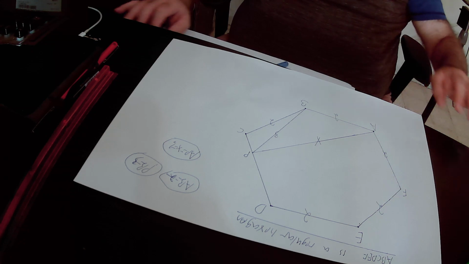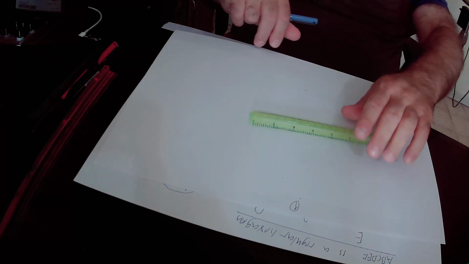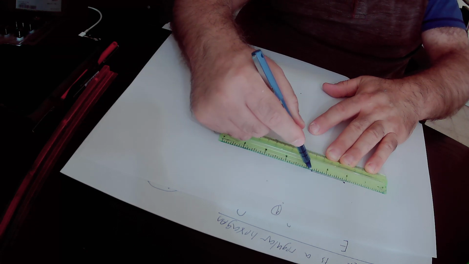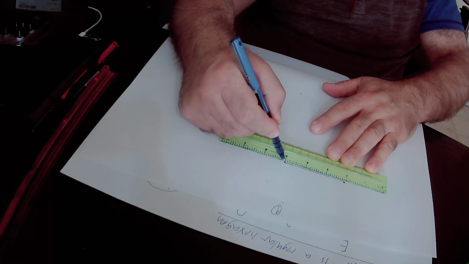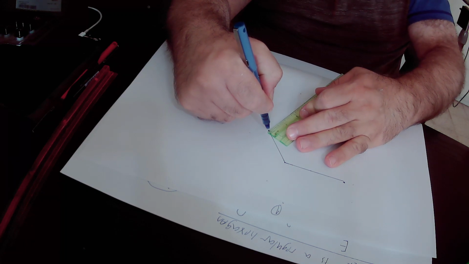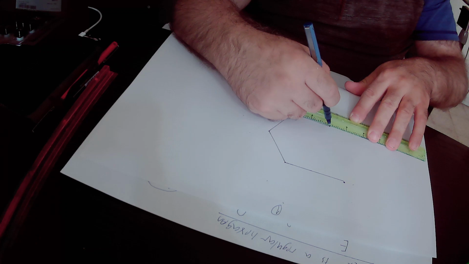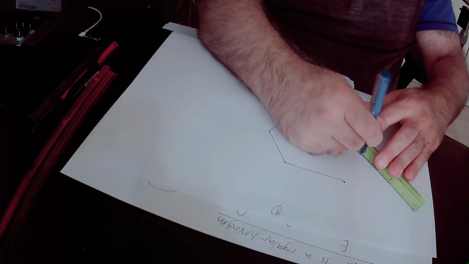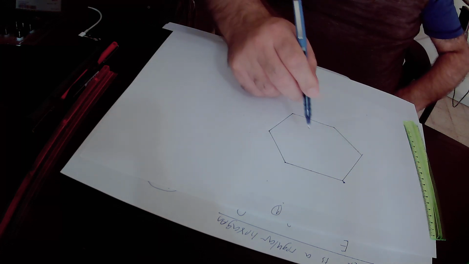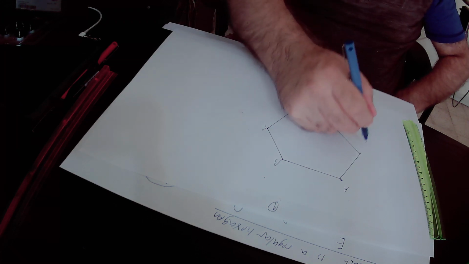So here I will draw a regular hexagon. A, B, C, D, E, F is a regular hexagon.